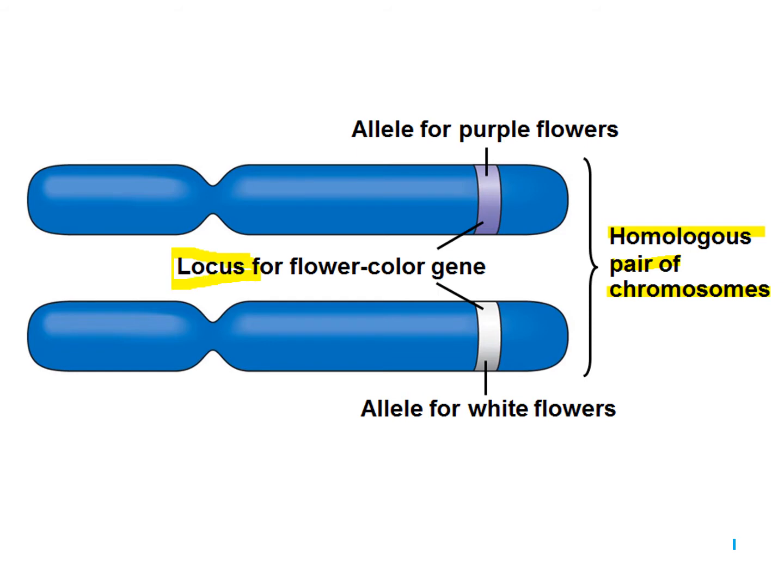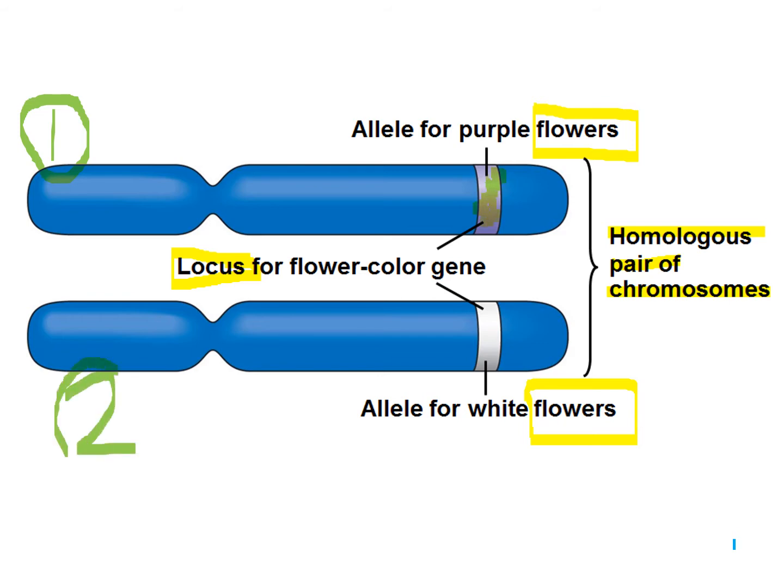And we can see that the gene for flower color is found on the same position in both of these chromosomes. So in chromosome number 1, we have the gene for flower color, and in chromosome number 2, we also have a gene for flower color.